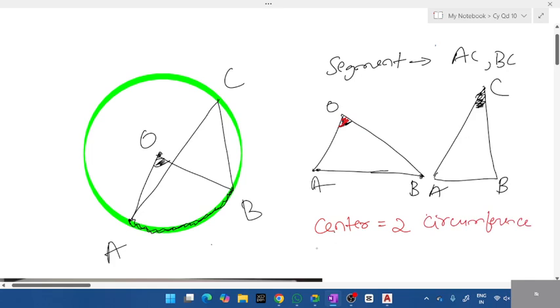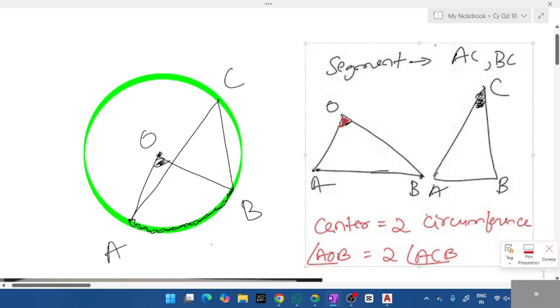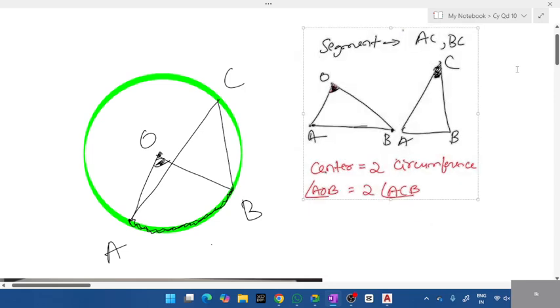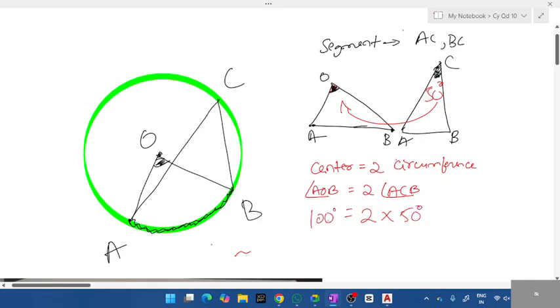Which angle is formed at the center? Angle AOB is equal to 2 times the angle formed on the circumference, angle ACB. If I write ACB as 50 degrees, what's the value of AOB? If it is twice, it should be 100 degrees.